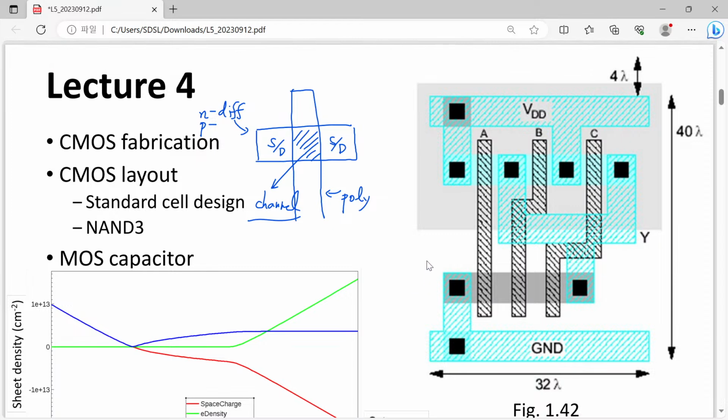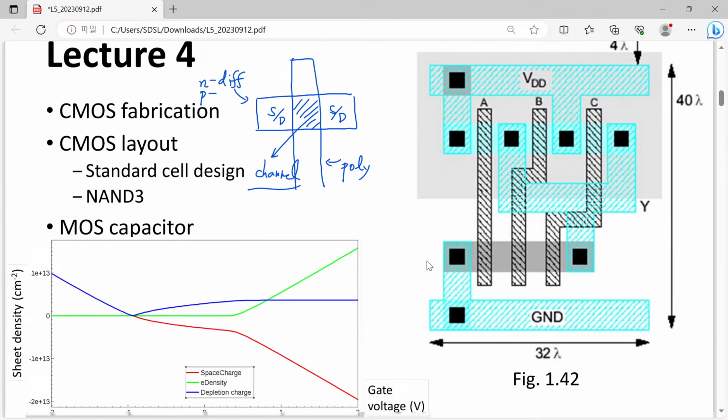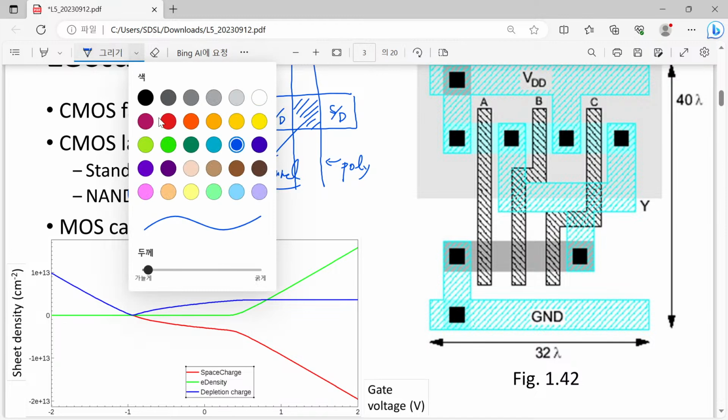Maybe you remember that this is the layout of a 3 input NAND gate. Where can you find the 3 input NAND? In order to realize the 3 input NAND, you have to serially connect three N MOSFETs, and you can find it here.